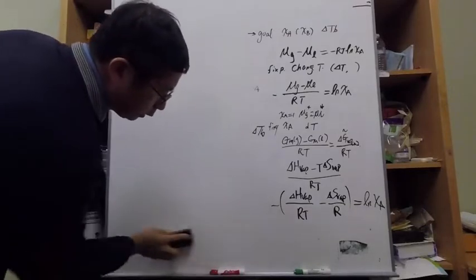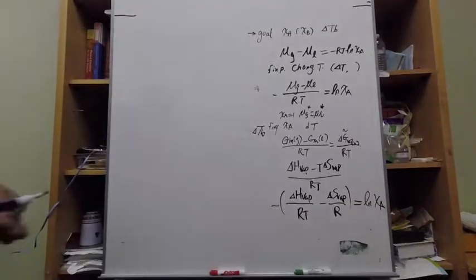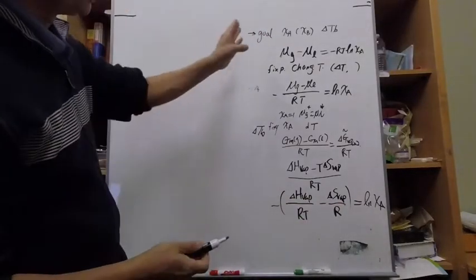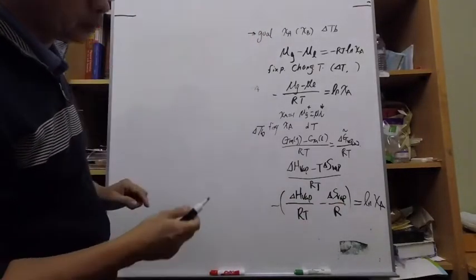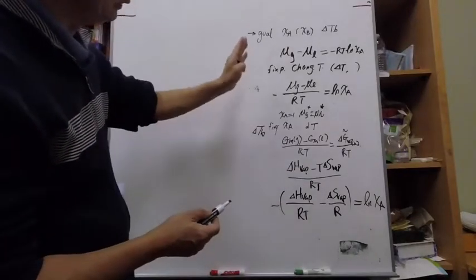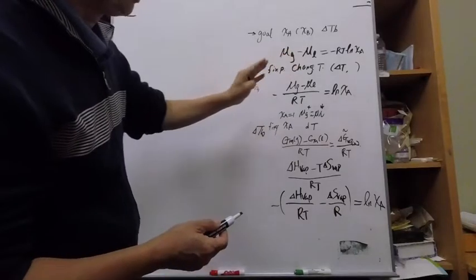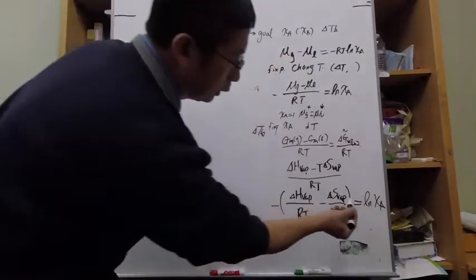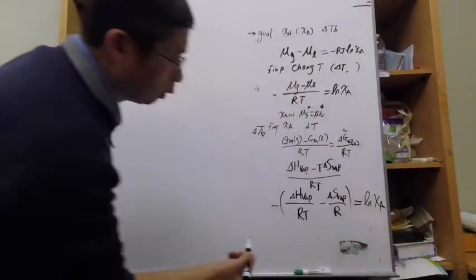Okay, now what this expression really says is that when we add some non-volatile solute, you cause a difference between the chemical potential in the gas phase and liquid phase, and the difference is by this amount.